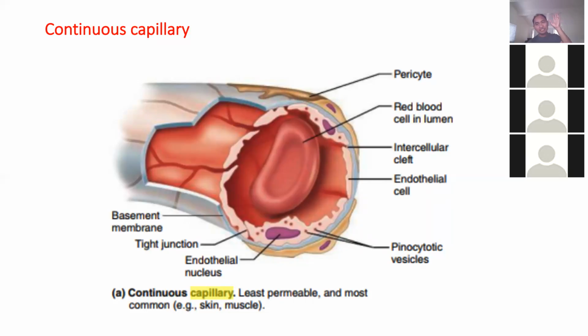The flat, simple squamous epithelial cell in the heart we call endocardium. There is no significant gap between one endothelial cell and another, and the cells themselves do not have any perforation, so they are continuous. They are found in the skin, muscle, and the brain.